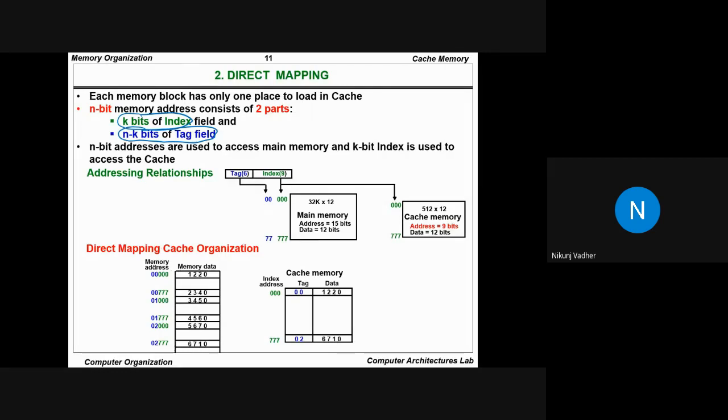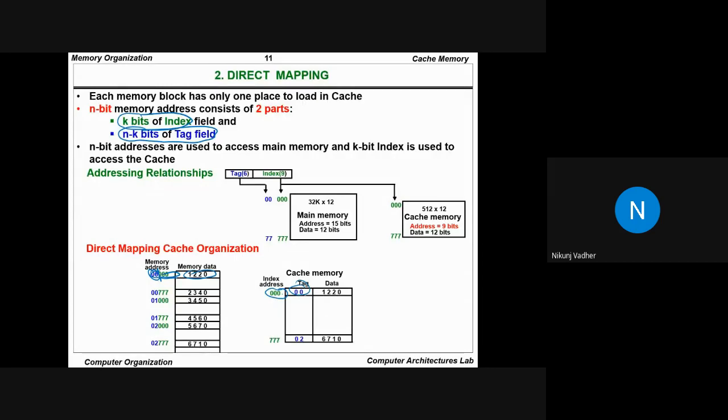So if this is the memory address and this is the memory data, you can see that, let's say, 000 will be used as an index and 20 will be used as a tag.